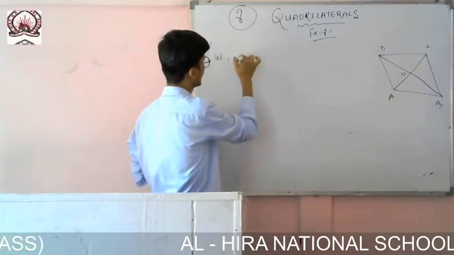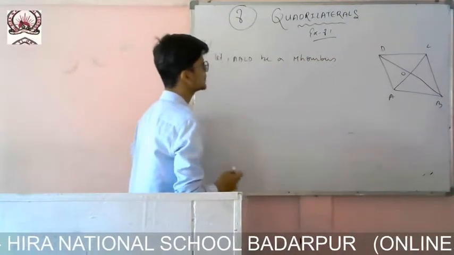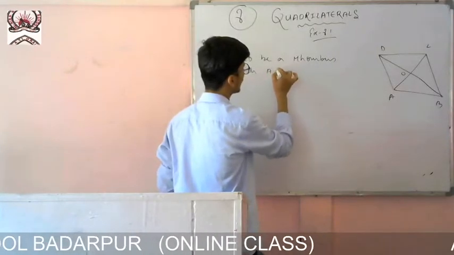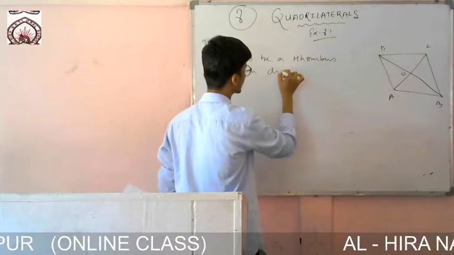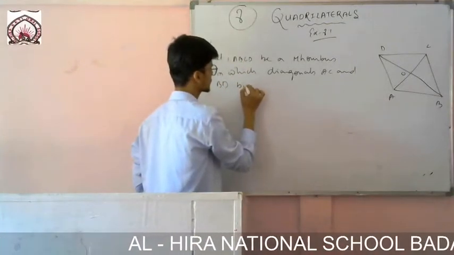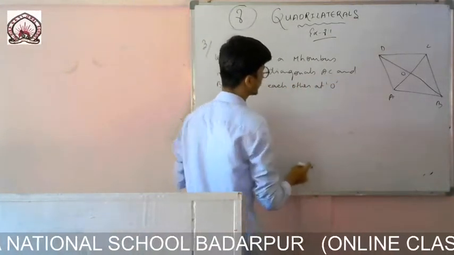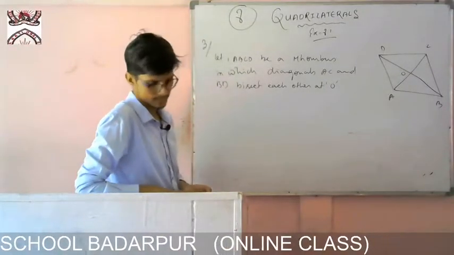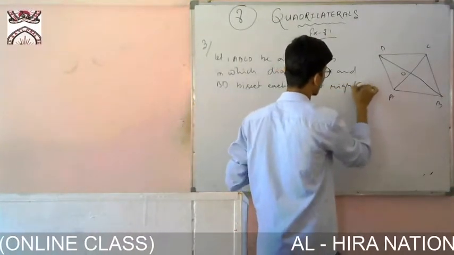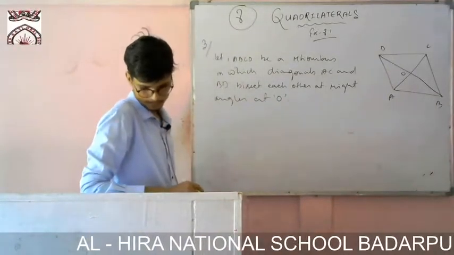So let ABCD be a rhombus in which diagonals AC and BD bisect each other at right angles at O. So it is given in the question that ABCD be a, sorry, not rhombus given.